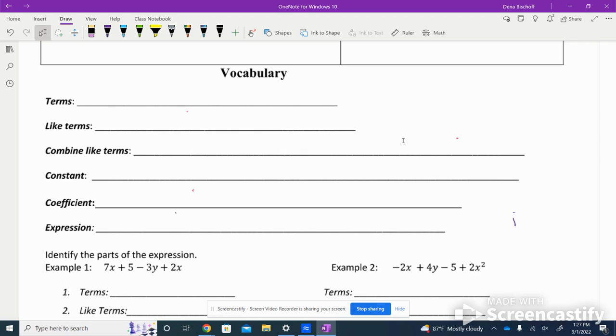Is -4 always -4? Yeah, it is. So a constant is just another way of saying any number without a variable. So it's just a number all by itself. Any number without a variable, like -4.